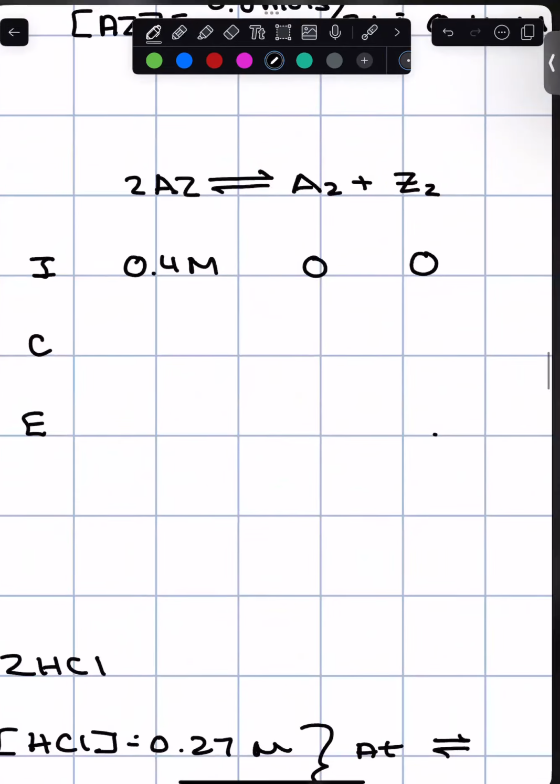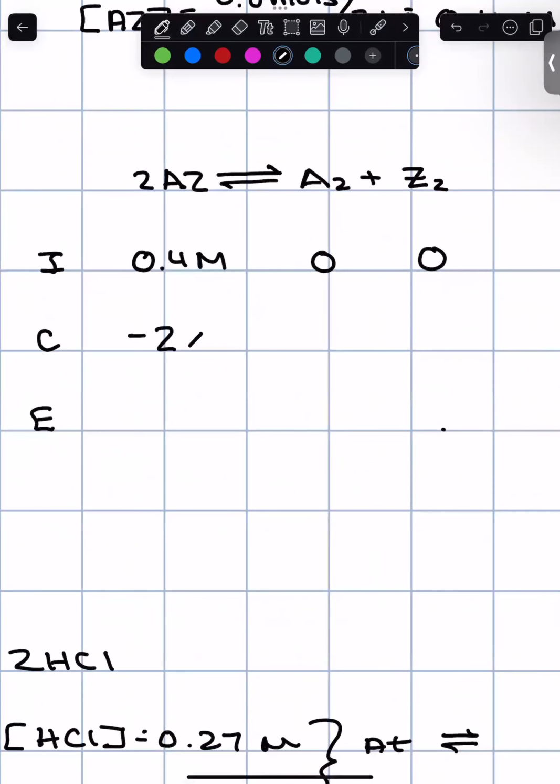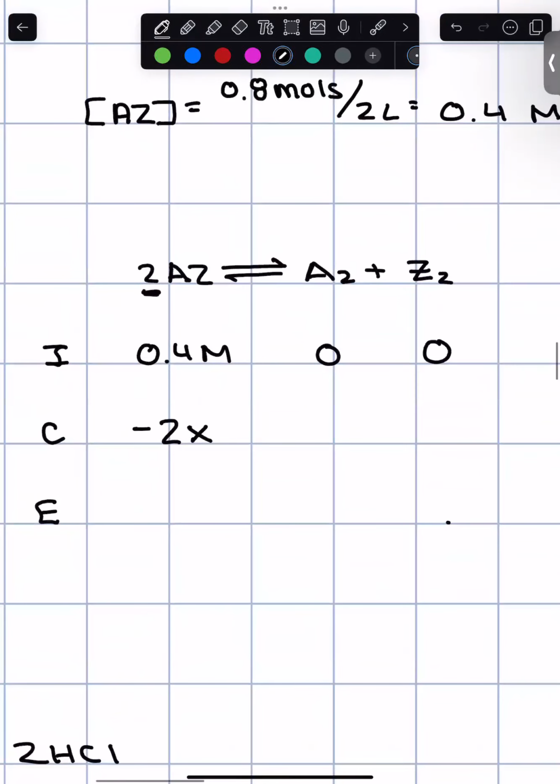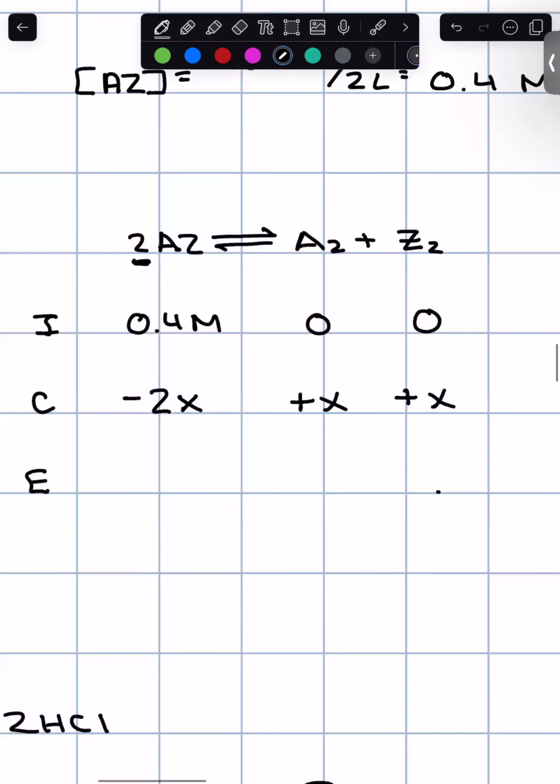All right, change. Minus 2x, because remember, we have a 2 coefficient here. Another big mistake. And if you guys ever can't see what I'm doing, let me know. Because we have a 2 coefficient, 2x, and then plus x, plus x. So what is it at equilibrium? 0.4 minus 2x, plus x, plus x.